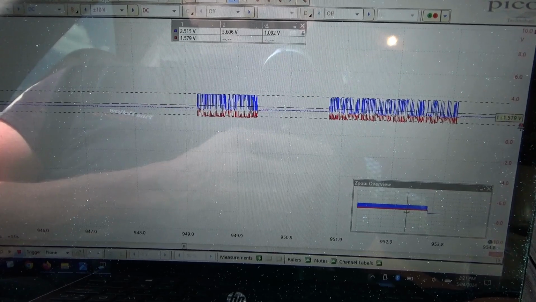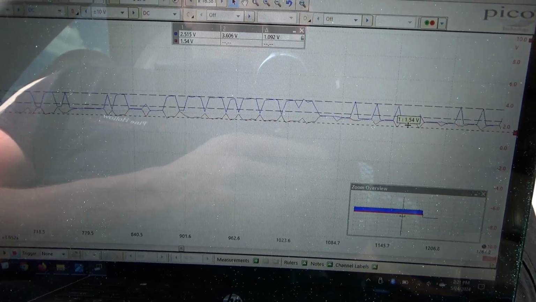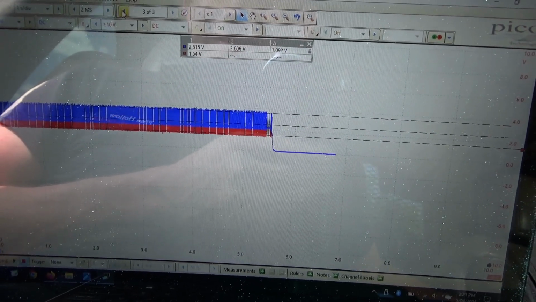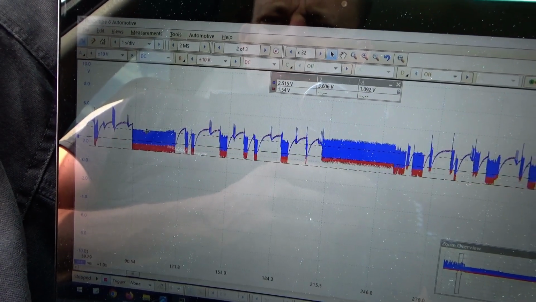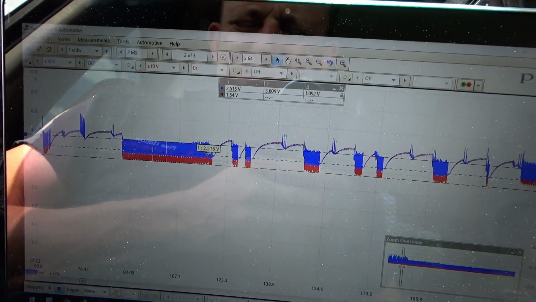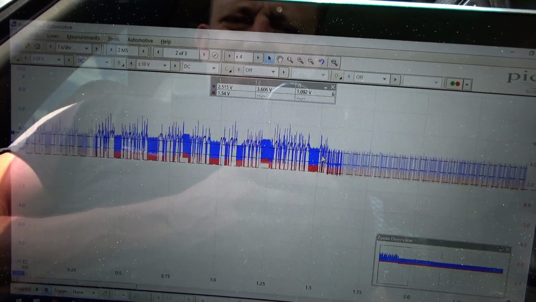CAN low is going to 1.5. Okay, and then right here, when the key was on, complete garbage. Does this look like a wiring fault or a module fault? It sure looks like a module fault to me.